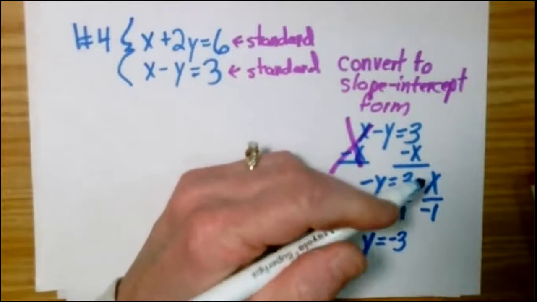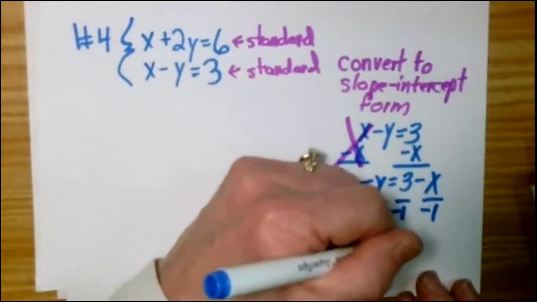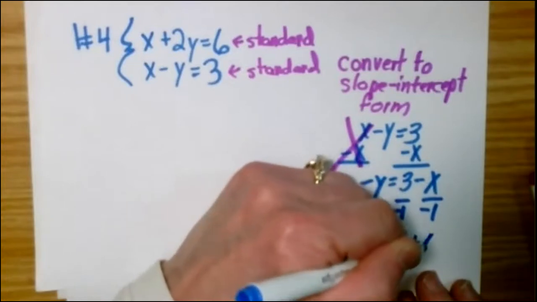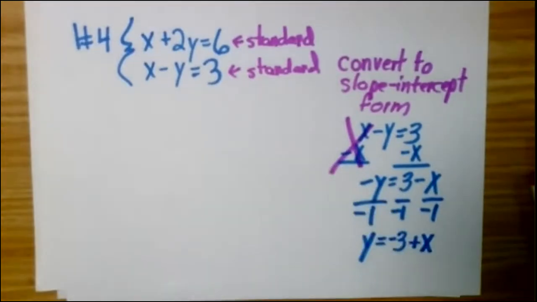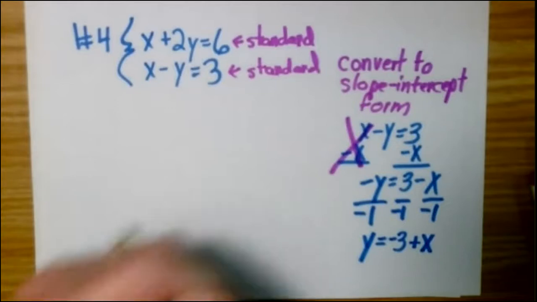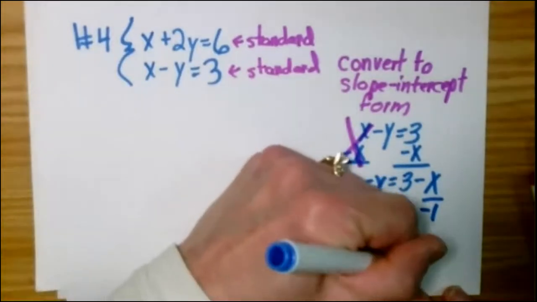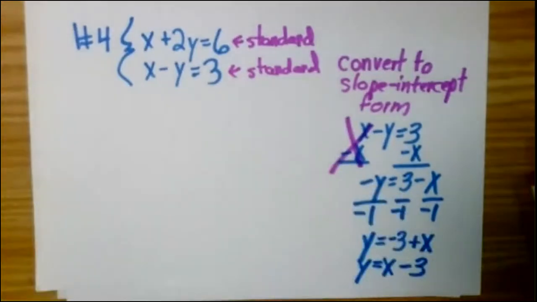And then, how do I do this? Well, I have a negative x divided by a negative 1, so plus a positive x, right? So let's switch that around so that it's in the right format. y is equal to x minus 3. I just switched it into y equals mx plus b format.